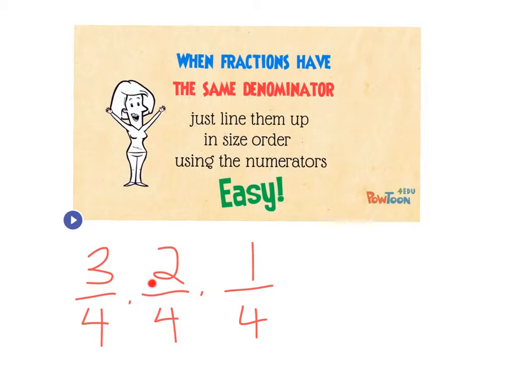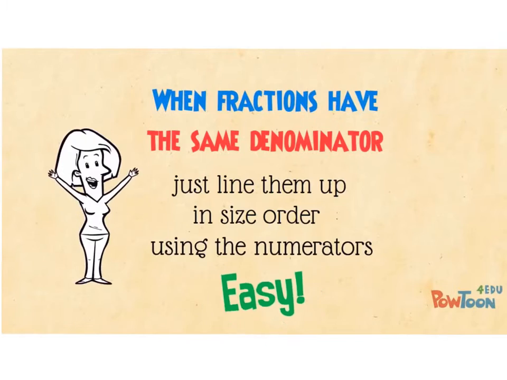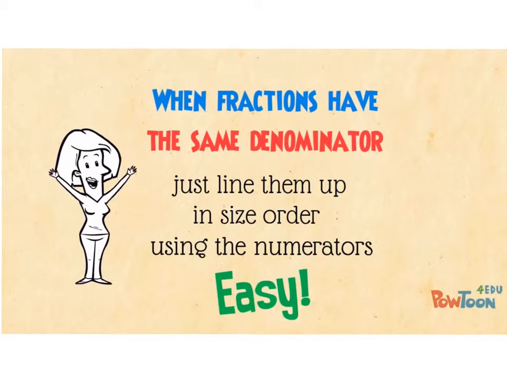Which one is second largest? 2. And which one's the smallest? 1. So this is our smallest number. It's our second, and this is our largest. And we're able to just count the top ones because they're all out of the same number. They all have the same denominator. Easy. We don't even need to use fraction strips.